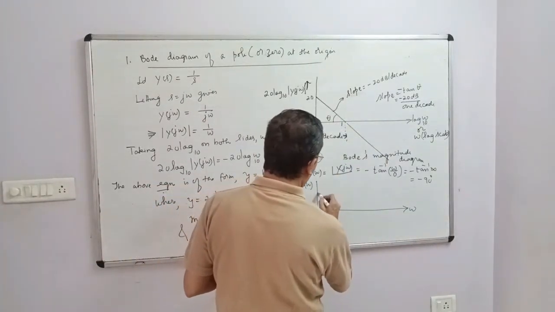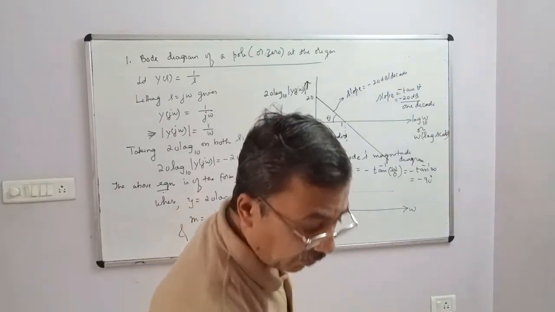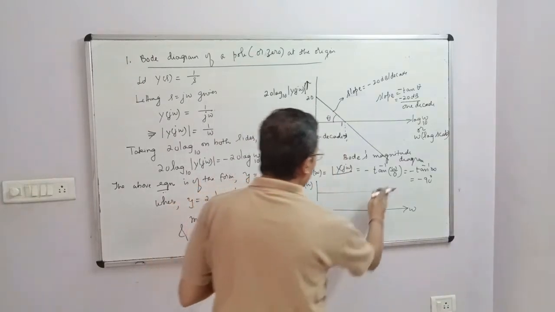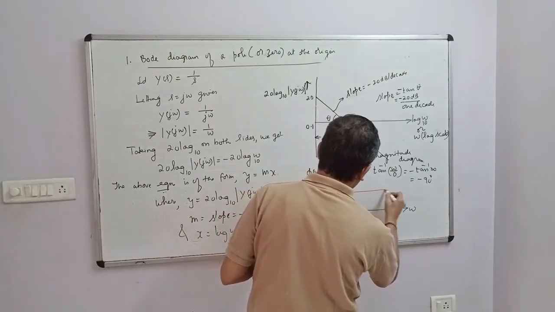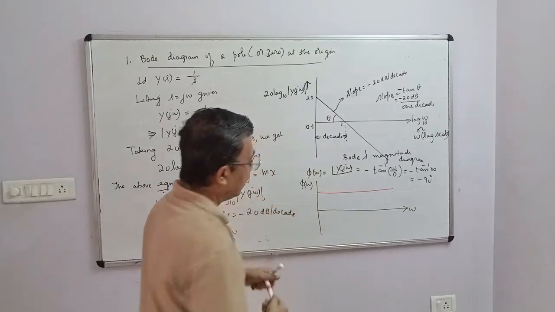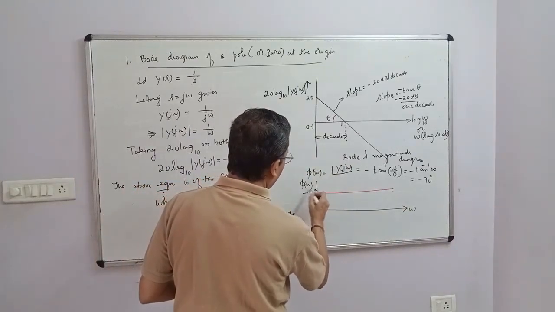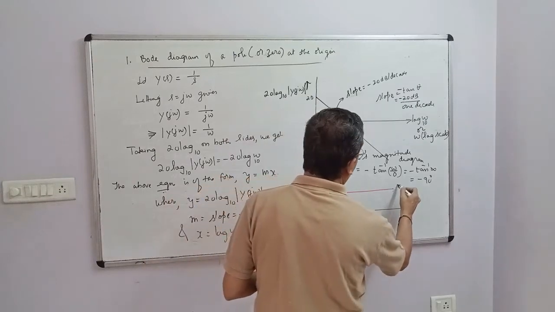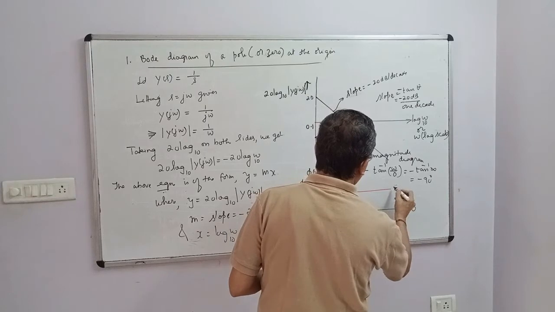For all values of omega, the angle is minus 90 degrees. This is minus 90 degrees. This is for 1 by j omega, or I will write this as j omega inverse.